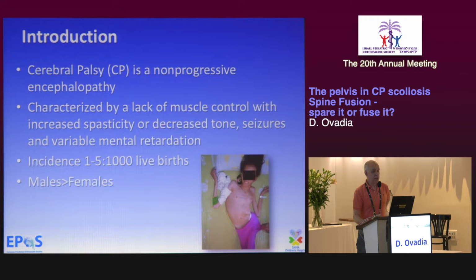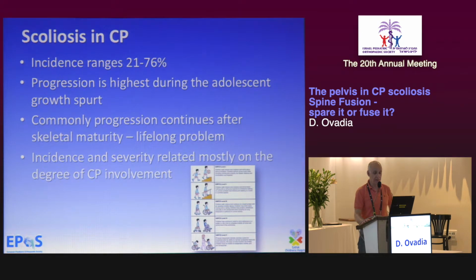Cerebral palsy is a non-progressive encephalopathy characterized by lack of muscle control and increased spasticity with variable mental retardation. The incidence we know is 1 to 5 of 1,000 live births, and it's a little bit more in males than in females. The incidence of scoliosis in CP patients varies from 21 to 76%, and the progression is highest during the adolescent growth spurt.